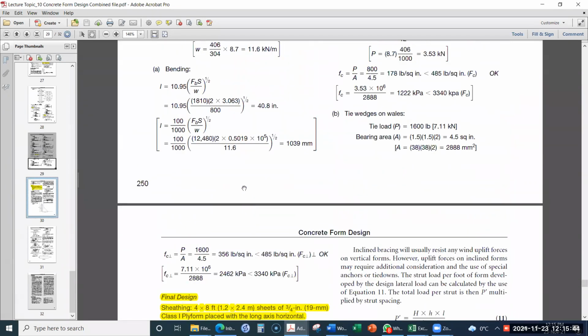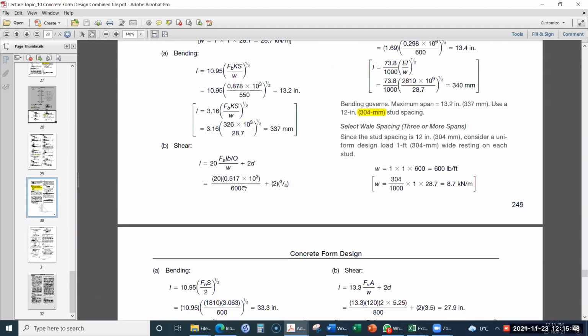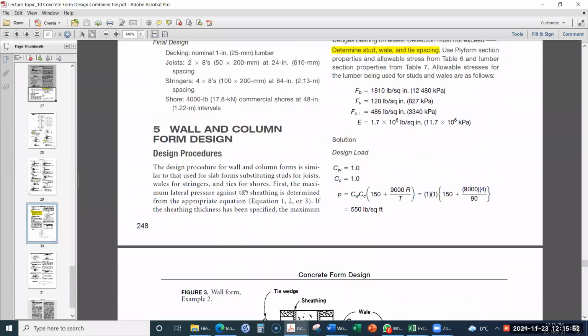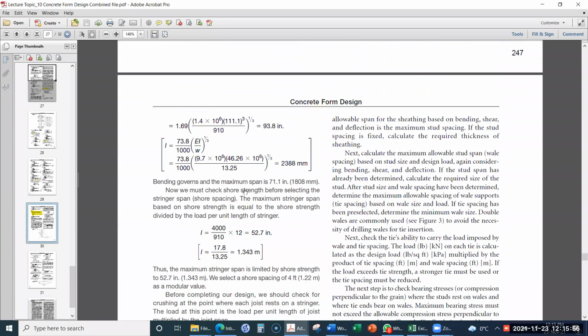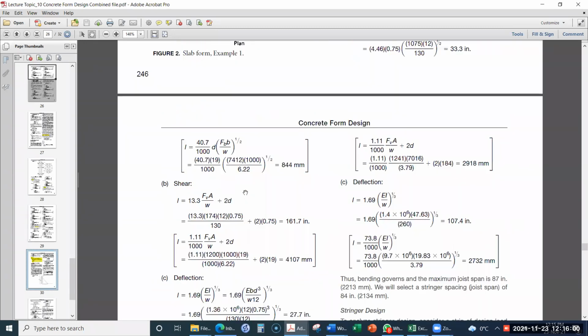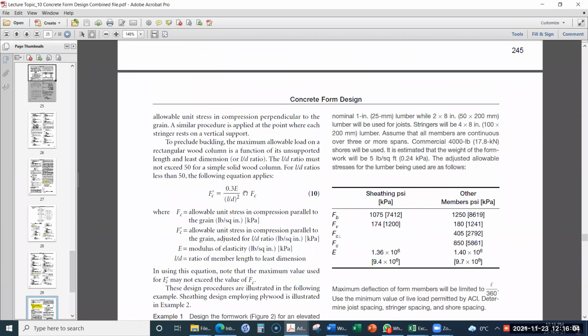Equation 11 is here, and somewhere there will be equation 10. Yeah, this is equation 10.